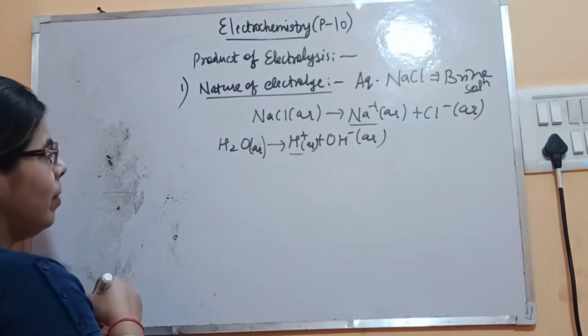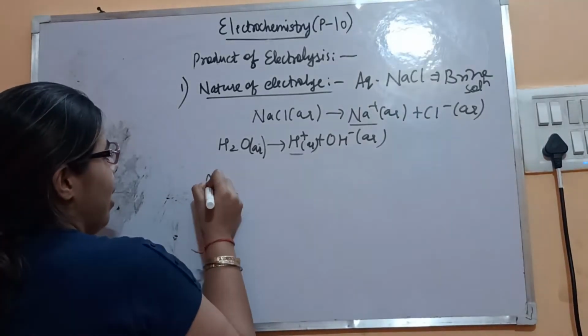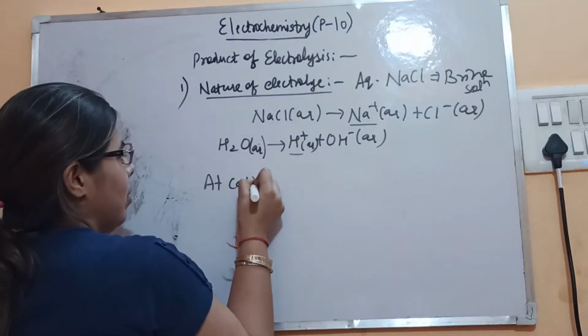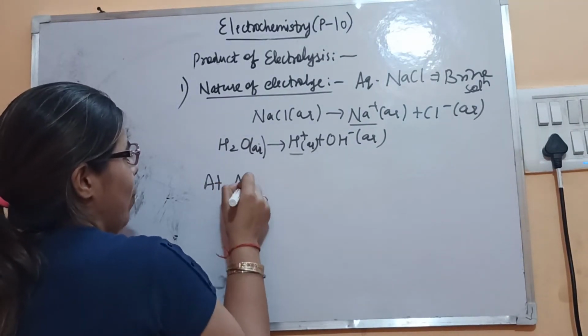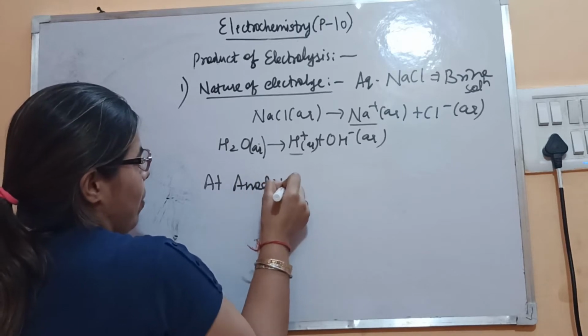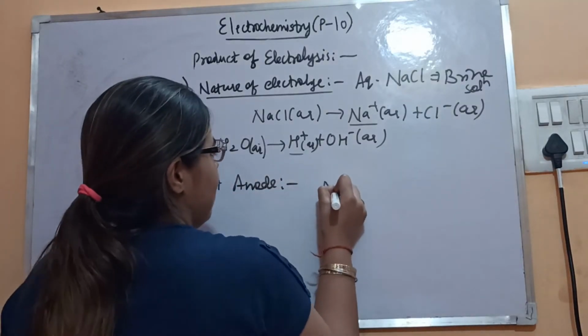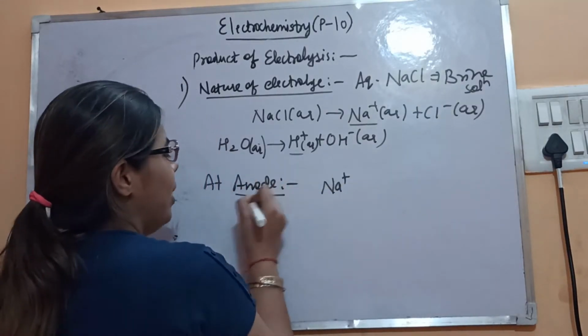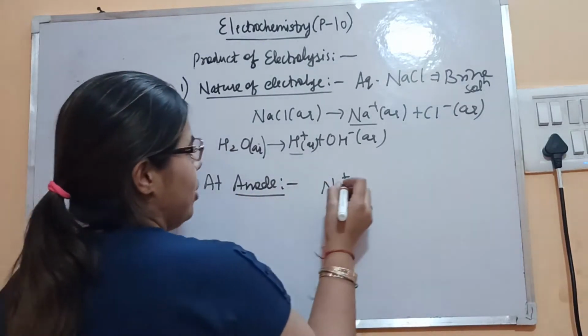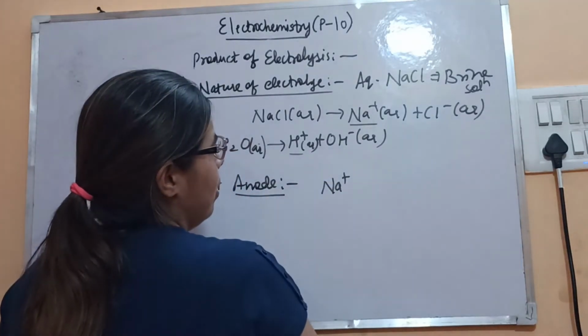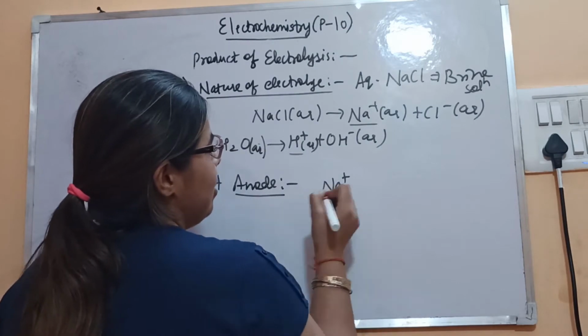Let's say at the cathode, two reactions are possible. First is Na+. Here, reduction, that is gain of electrons.